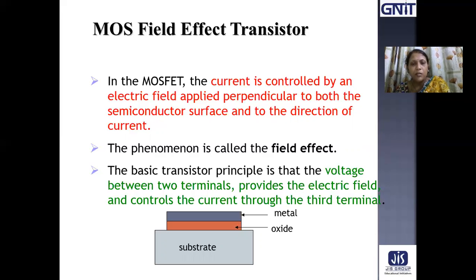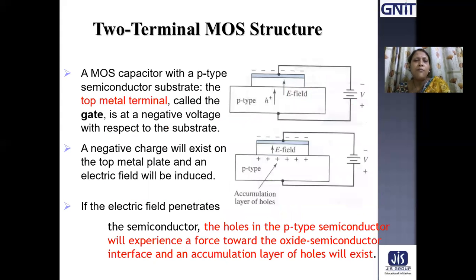So I repeat, the basic transistor principle is that the voltage between two terminals provides the electric field and controls the current through the third terminal.